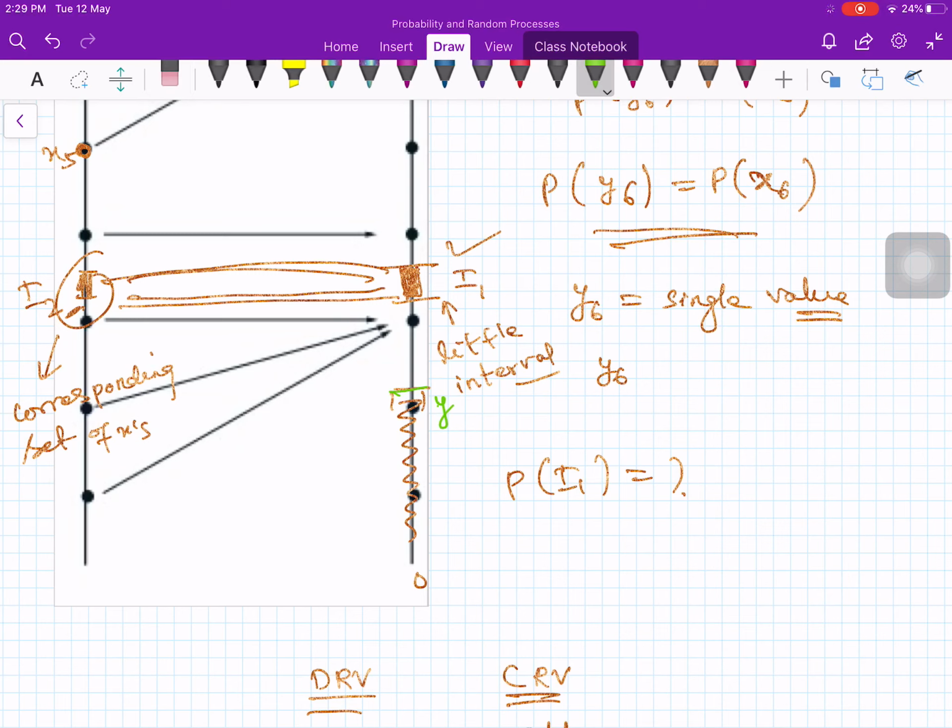You take bigger intervals, so you work with bigger intervals, and for this bigger interval, find the cumulative distribution function. That is to work with bigger intervals.